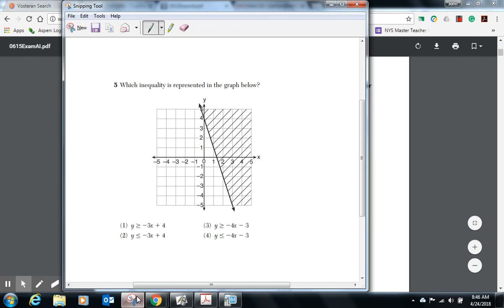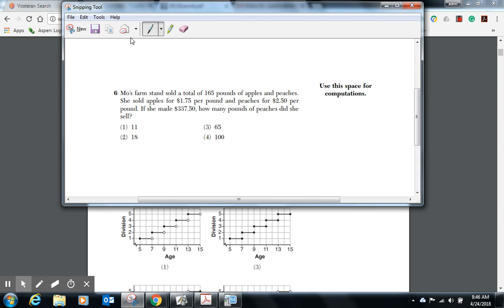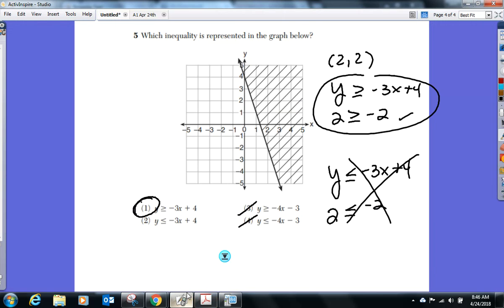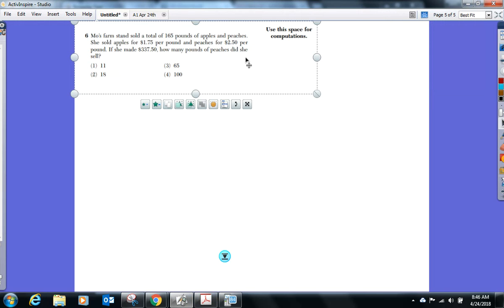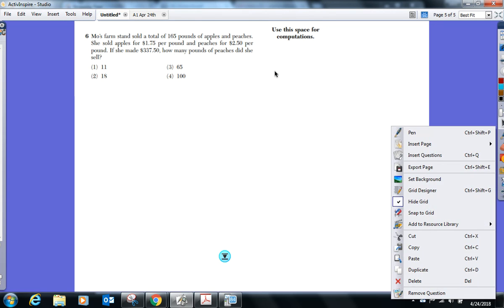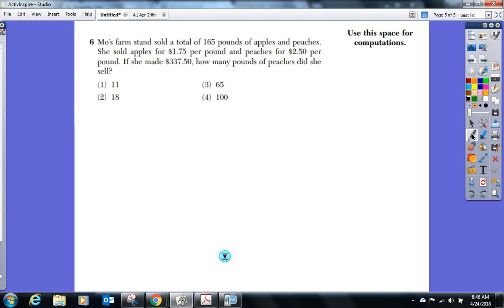Moe's Farm, total of 160 pounds of apples and peaches. She sold apples for that.